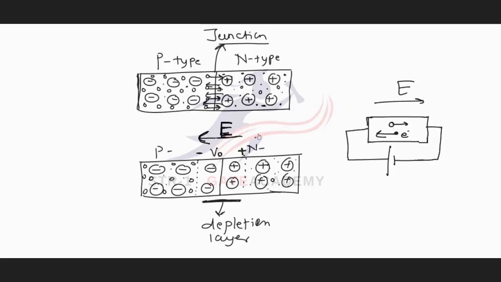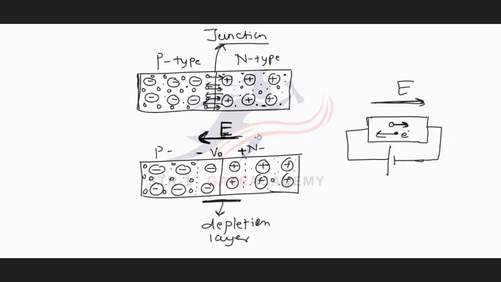Now in this material, an electric field is induced across the depletion layer. If holes try to diffuse from higher concentration to lower concentration on this side, then this motion will be against the motion of holes under the effect of the electric field. So this hole will not be allowed to move from the p side to the n side.